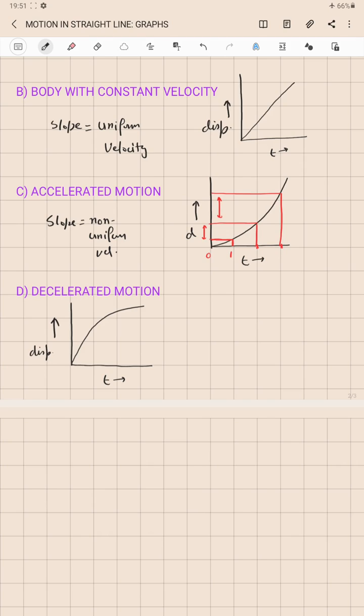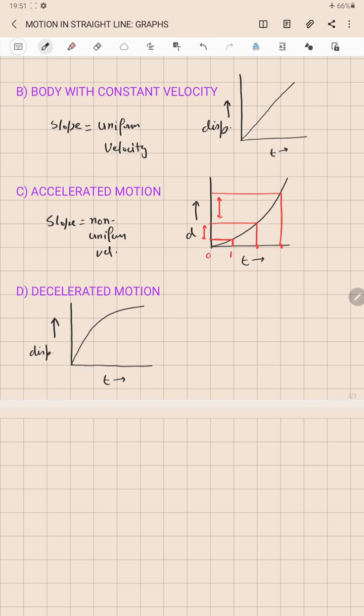Here it is again indicating non-uniform velocity, because just like in the previous case, it is covering unequal displacement in equal intervals of time. It is for the non-uniform deceleration, that means non-uniform acceleration.